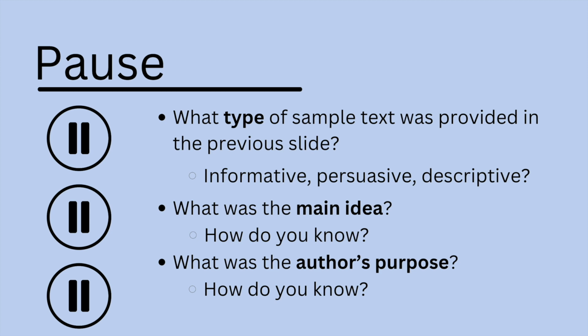If the text is persuasive, then the author's purpose is to persuade or to convince. That's how simple it is. It's not too complicated. You just have to be able to analyze what kind of text you have so that you can figure out why the author is writing.